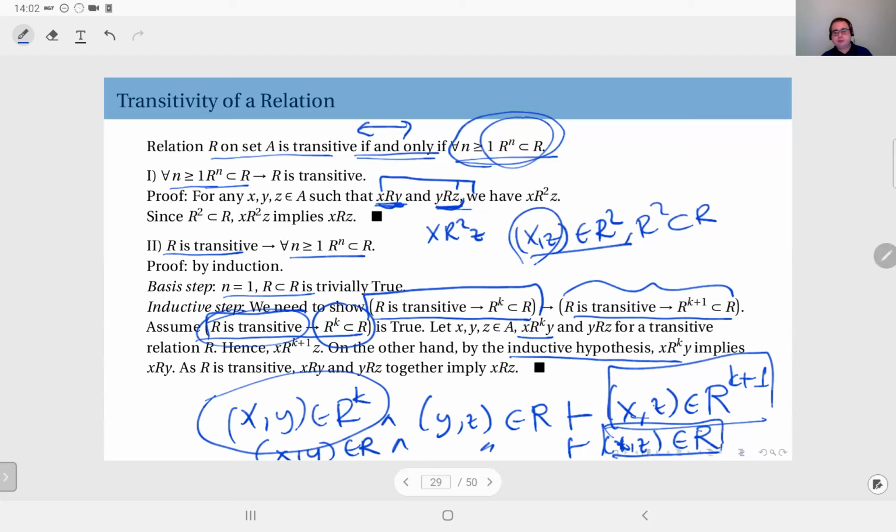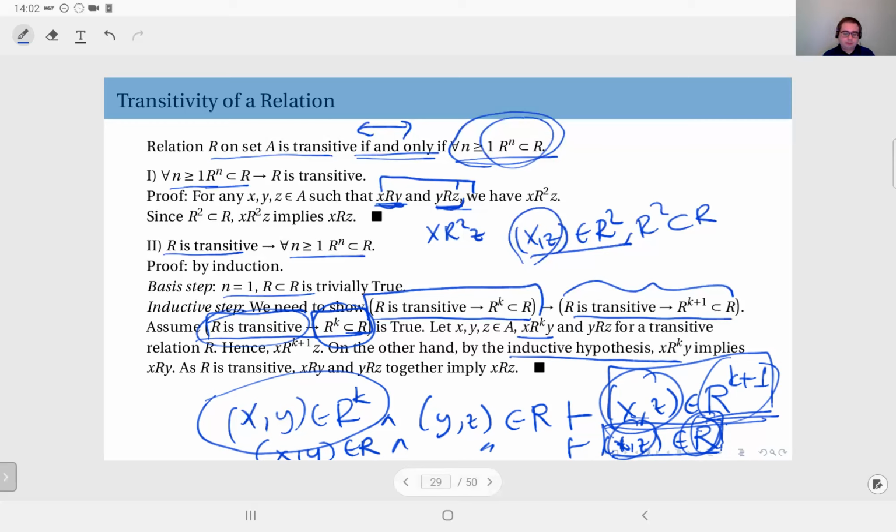This means R to the power k plus 1 is a subset of R. Okay, so whatever k is, this is going to be true. Whenever this is satisfied, R to the power k plus 1 will also be a subset of R, because whenever you have this pair in this set, you will also have that in this set, which by definition shows that R to the k plus 1 is a subset of R. Therefore, the inductive step is also proven.